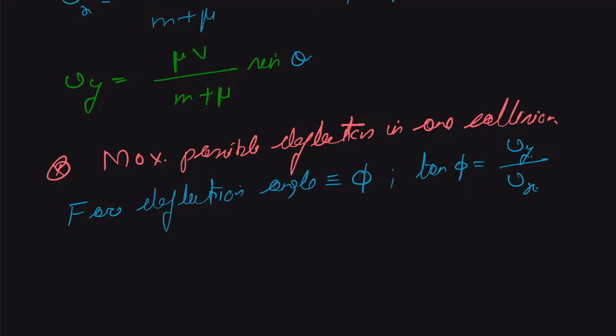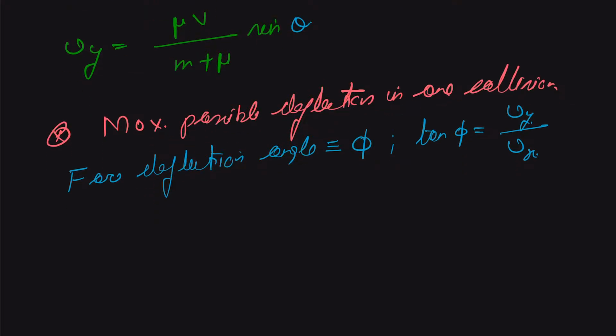And we also know that our maximum deflection occurs when the outgoing velocity vector is tangent to the velocity circle.